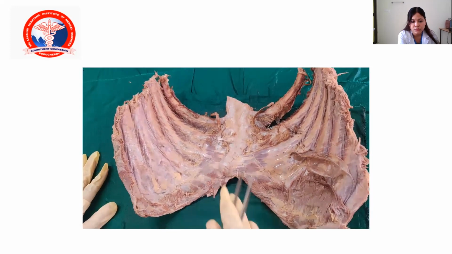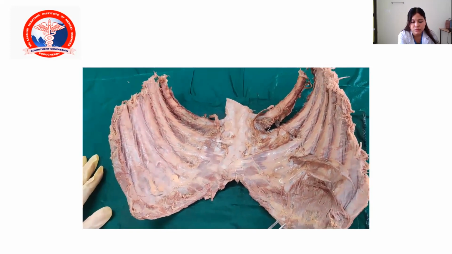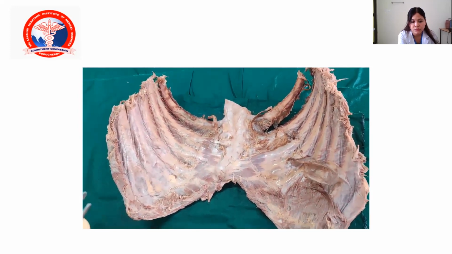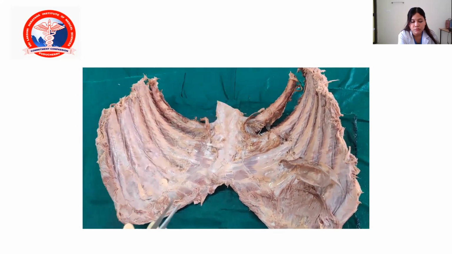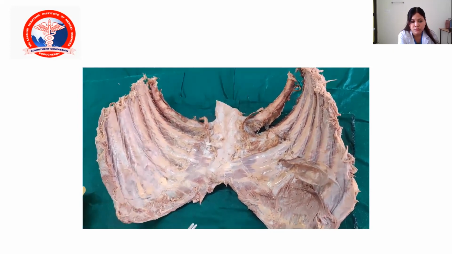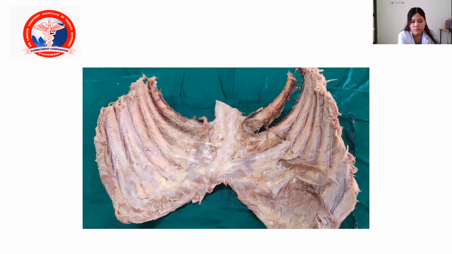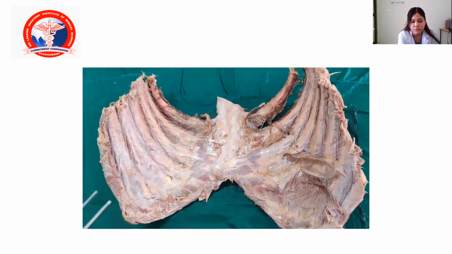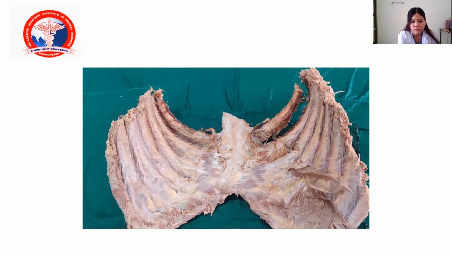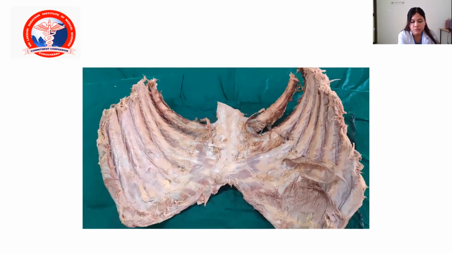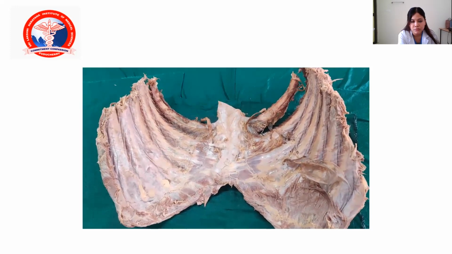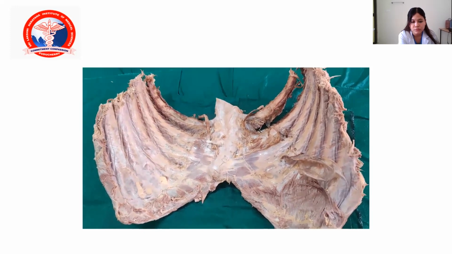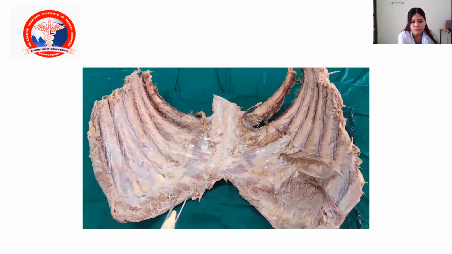The transverse, intercostalis intimus is actually present in the middle of the intercostal spaces. Okay, it's not present in all of the length of the intercostal spaces, that is around the midaxillary line. Posteriorly, in the lower spaces, there is another muscle known as the subcostalis, which I cannot show now. I can show you the sternocostalis.